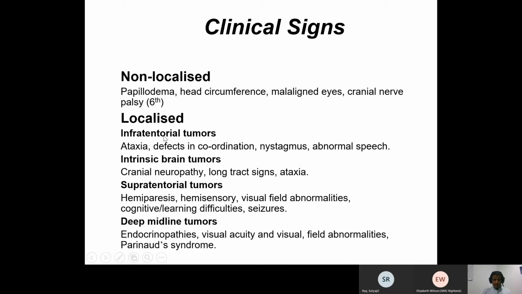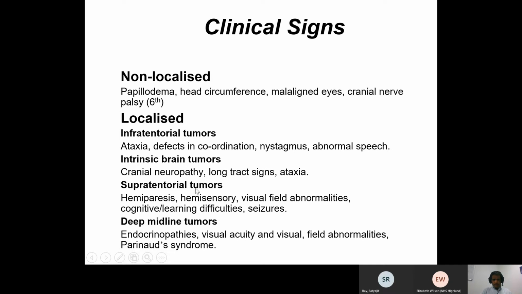And again, depending upon where they are, localized symptoms: if they're infratentorial tumors, it's mainly balance, defect in coordination because the cerebellum is involved, nystagmus, abnormal speech. If there are intrinsic brain tumors, like the brainstem ones, as I said, they are mainly cranial nerve symptoms or long tract signs like weakness, ataxia and things like that.